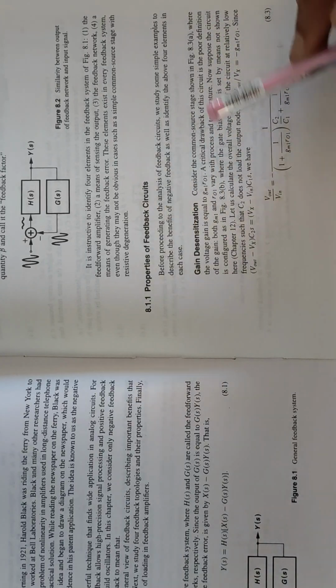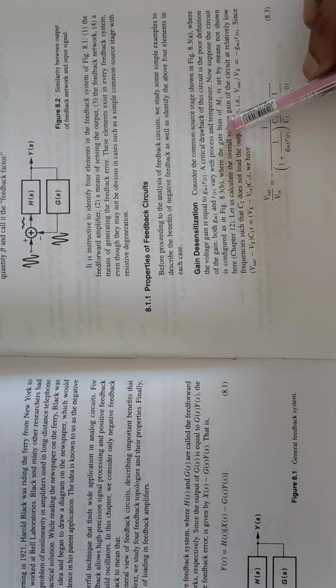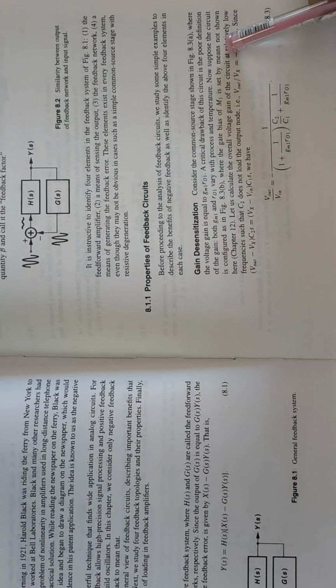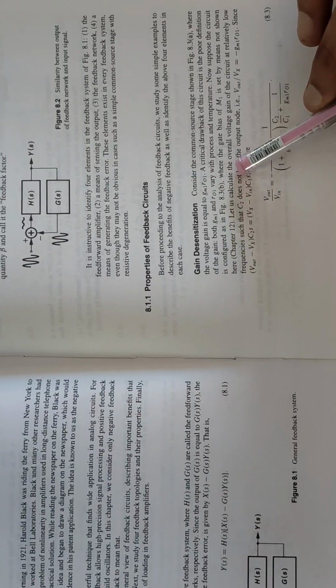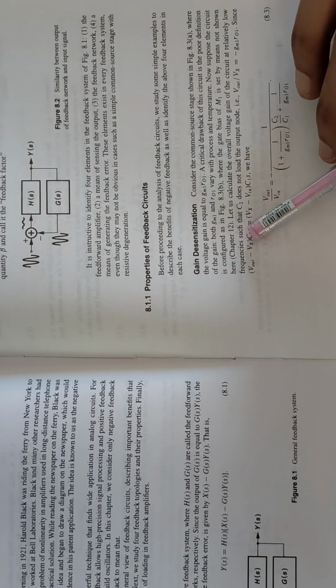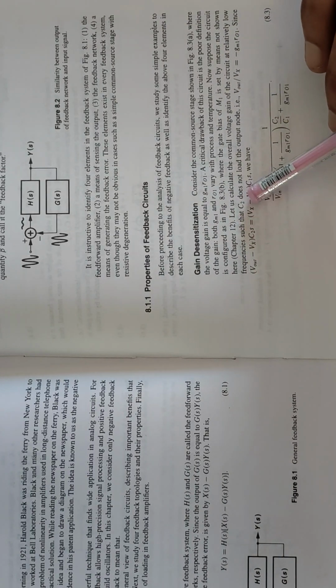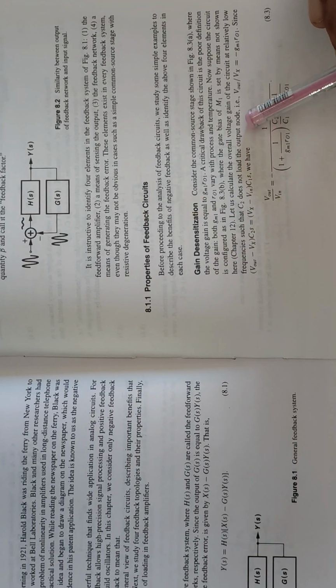Now suppose the circuit is configured as in figure B, where the gate bias of M1 is set by means not shown here. Let us calculate the overall voltage gain of the circuit at relatively low frequencies, such that C2 does not load the output node, that is Vout/Vx is equal to -Gm1 R01.